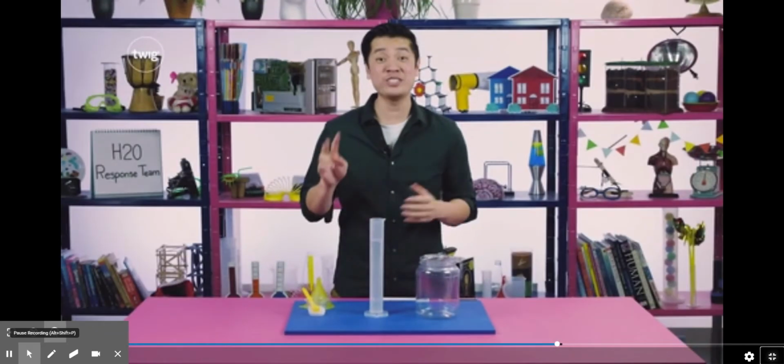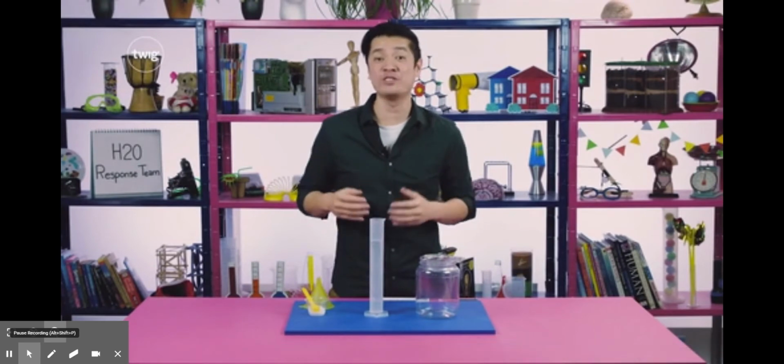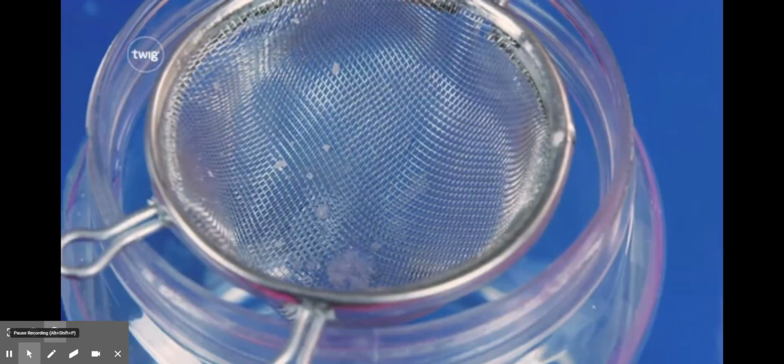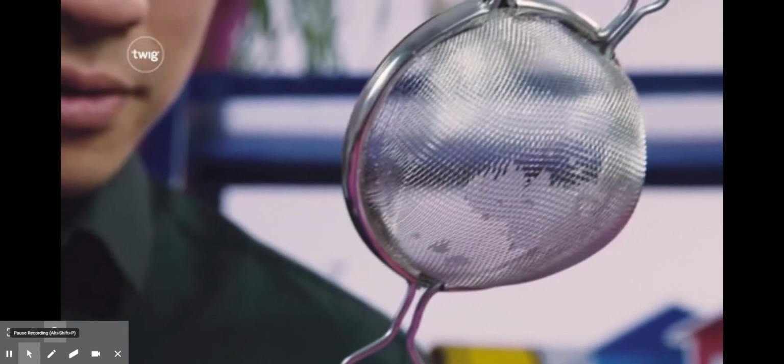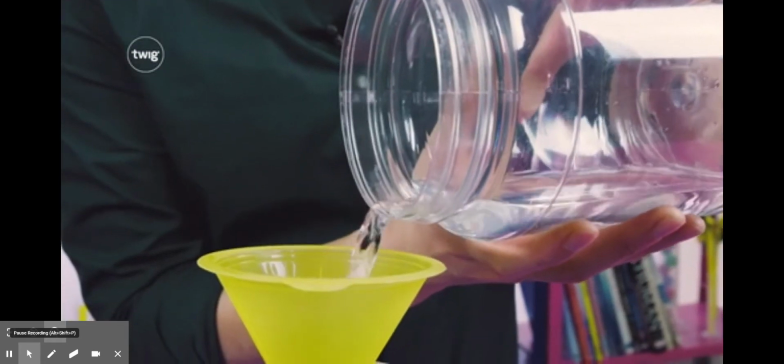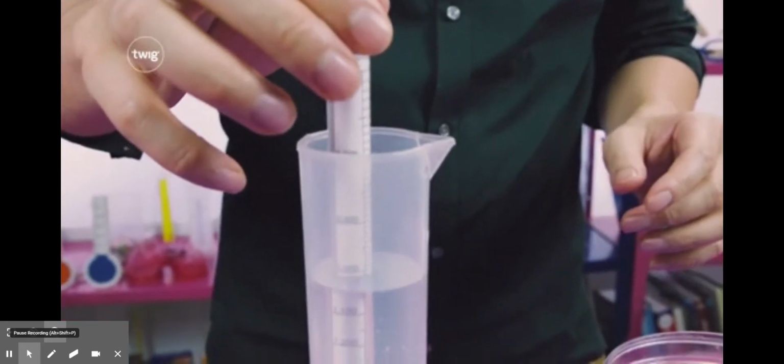Let's repeat the process 2 more times and record our results. The hydrometer reading was 1.020.